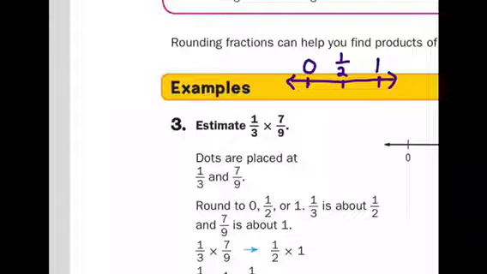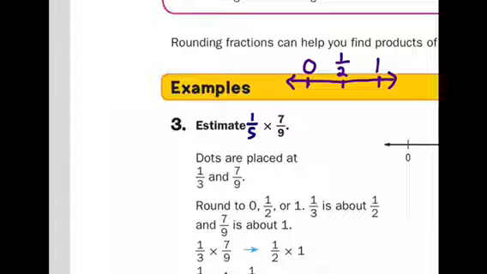I don't want to use 1/3 because that's kind of a tricky one to start with. So let's say 1/5. All right, so now I have to decide if 1/5 is closer to 0, half, or 1. So what I usually do is I call these guys my helper fractions.